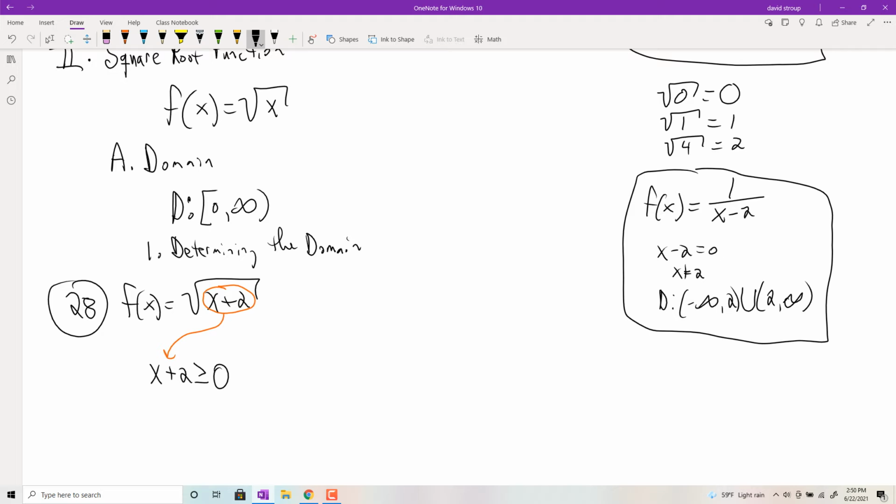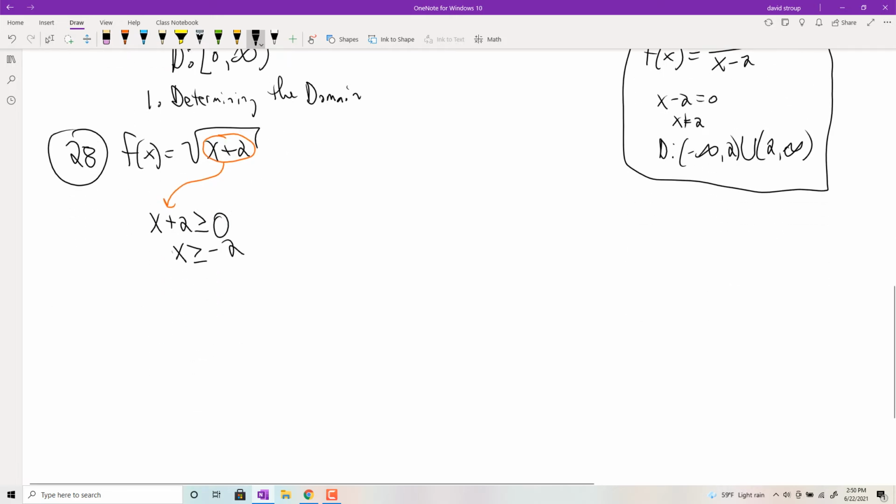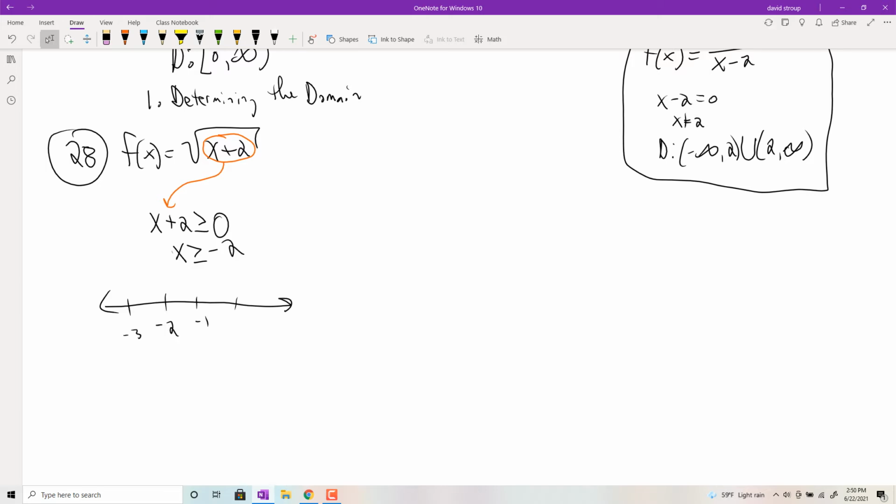So anyways, x plus 2 needs to be greater than or equal to 0. In other words, x needs to be greater than or equal to negative 2, subtracting 2 on the other side. And then we need to go to our interval notation, if you've forgotten. We need anything that's greater than or equal to negative 2.